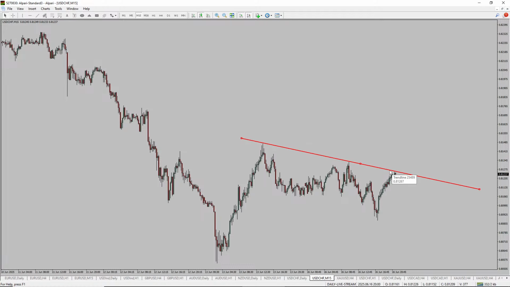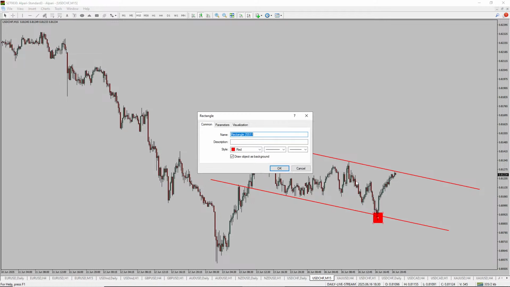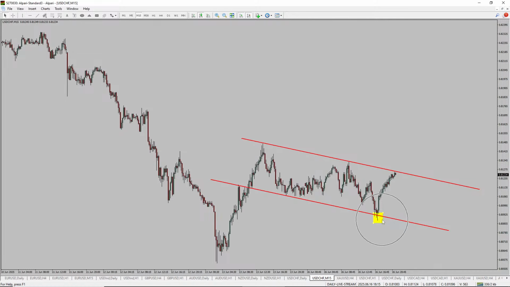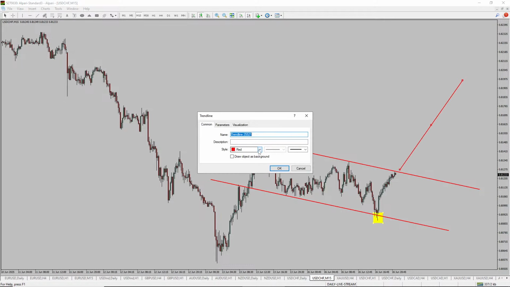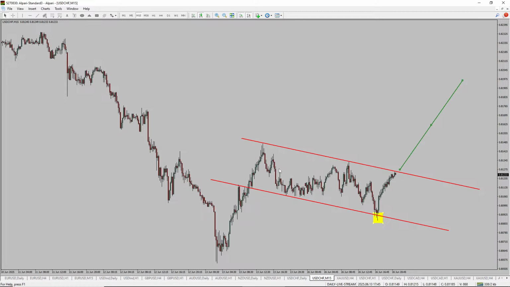This is the 15 minutes time frame of the US dollar Swiss franc currency pair. You can notice how the market bounced from the lower boundary of this trend channel. Now it could still go down again, who knows, but it seems to me the market is trying to rise back up, and the chances are we are going to get possible upside.